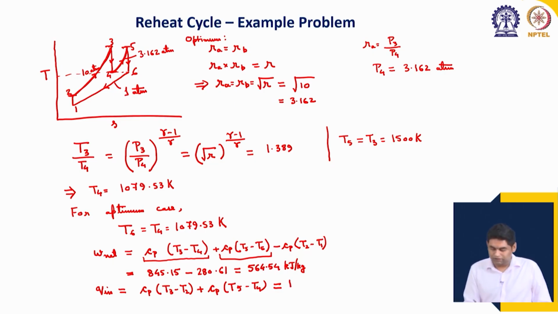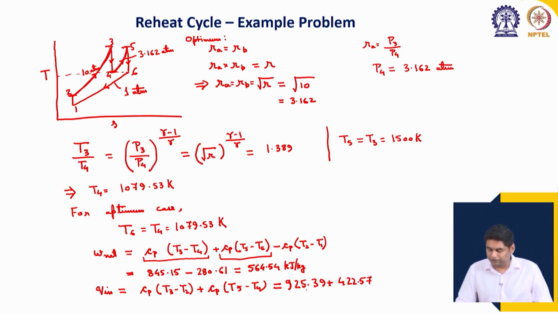Let me write down the breakup also, because this is interesting, you should know: 925.39 plus 422.57 kilojoule per kg.